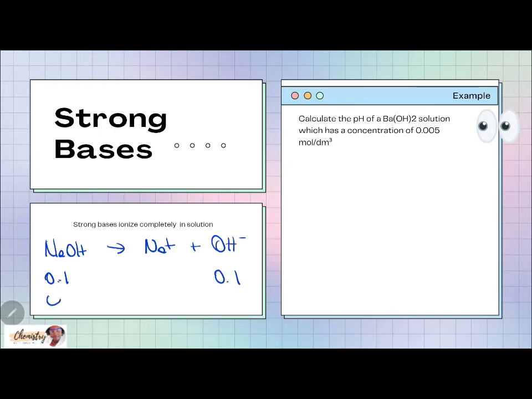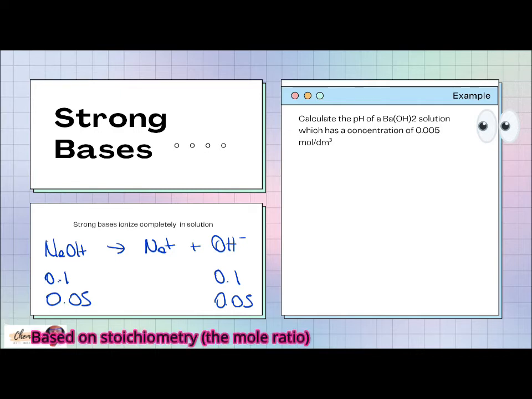If we had 0.05 moles of sodium hydroxide, we also have 0.05 moles of hydroxide ions, because every single sodium hydroxide molecule would separate to form hydroxide ions. So any amount of sodium hydroxide we had, the same amount of hydroxide would be present.